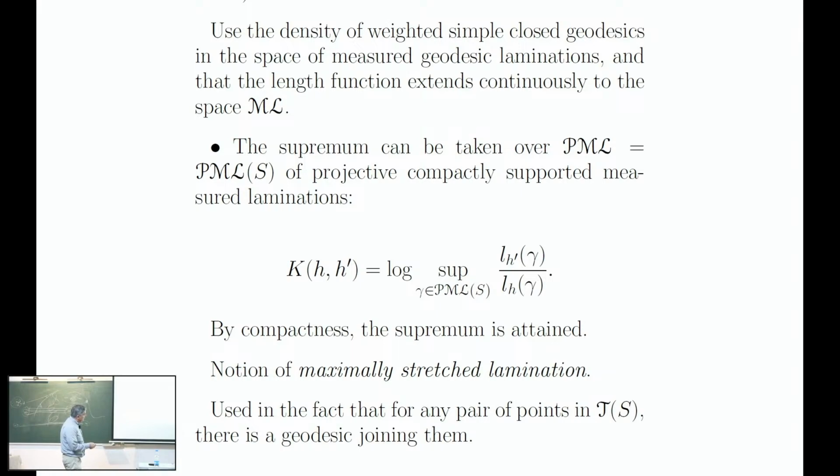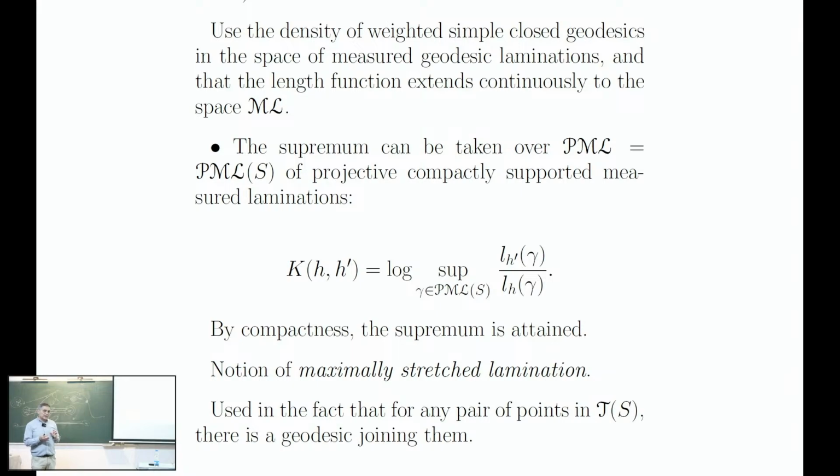this tells me that when I take two hyperbolic surfaces and I look for the best Lipschitz constant of maps between them, because the supremum is attained here, there is a maximally stretched lamination. This is a fact which Thurston uses to show that for any pair of points there is a geodesic joining them.